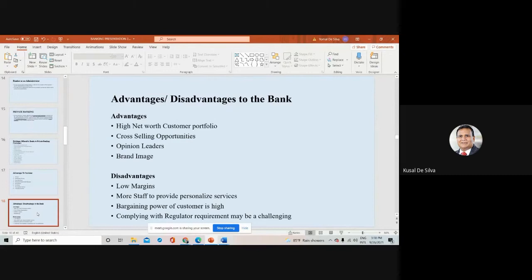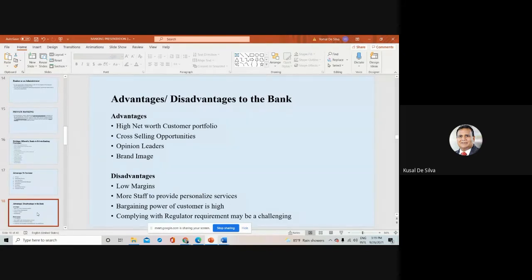And even if they go to a shopping mall or a supermarket and use a branded card of a bank, that itself is a kind of privilege for the bank. Even the cashier will get to know the bank name.